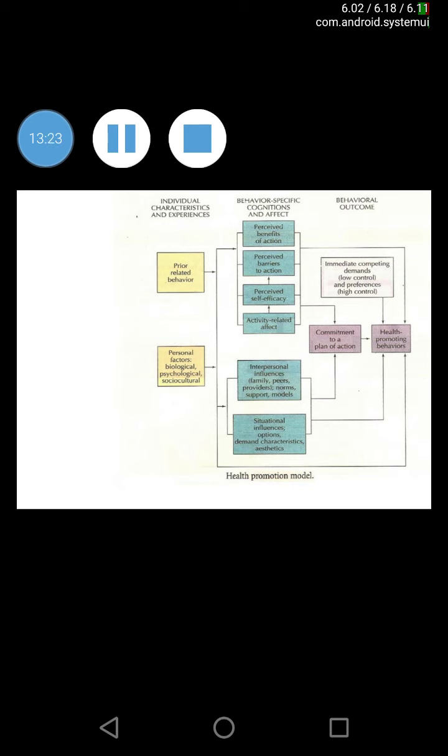Then activity-related effect, whether positive or negative. Here you can also see interpersonal influences, the influence of family, peers and providers, and situational influences, which directly or indirectly influence health promoting behavior.